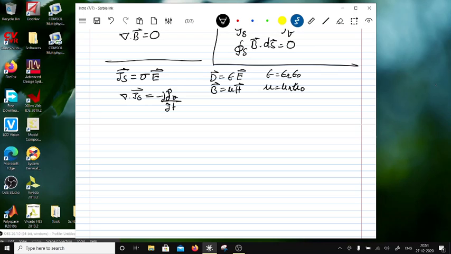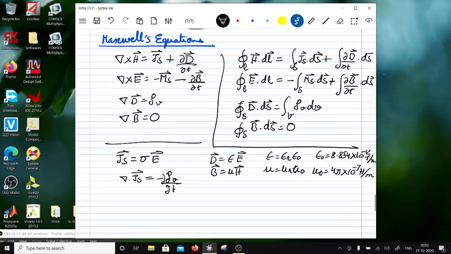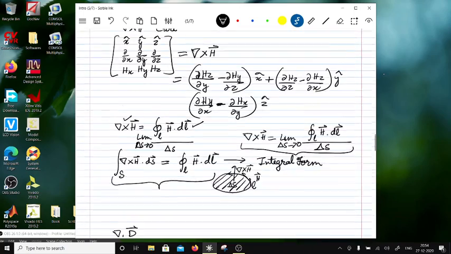This epsilon 0 is 8.854 times 10 raised to minus 12 farad per meter, and this mu 0 is 4 pi times 10 raised to minus 7 henry per meter. Epsilon r and mu r can be complex numbers, resulting in dielectric loss or magnetic loss. So this is a very basic start.